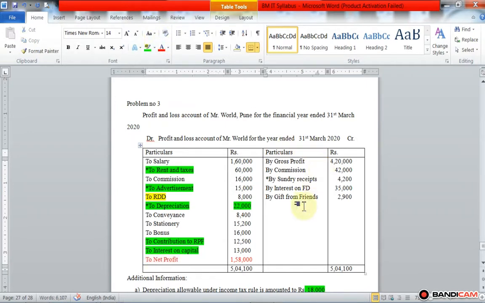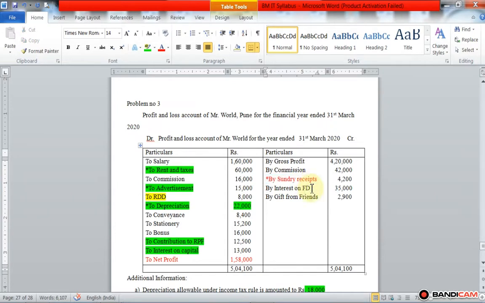Then we read the credit side, so adjustment is given on the sundry receipt. In sundry receipt 4,000 is included as recovery of loan from a friend of Mr. World, so it is not a business income. That 4,000 is an income of Mr. World.